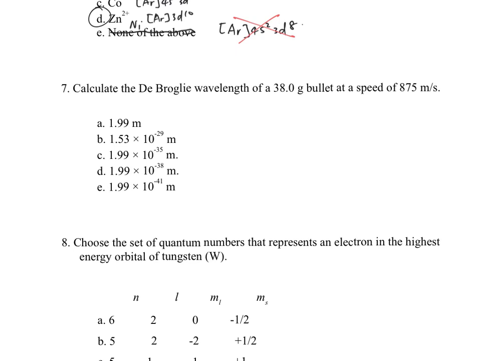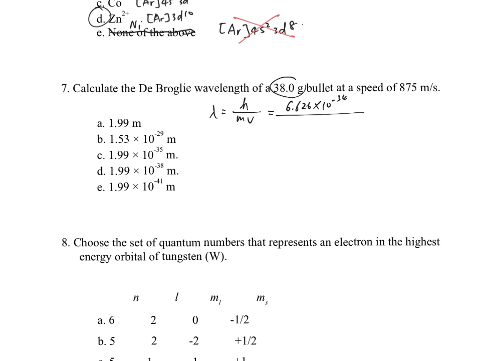This is actually one of the least mistaken problems. The de Broglie wavelength equals h over mv, with h being 6.626 times 10 to the negative 34.